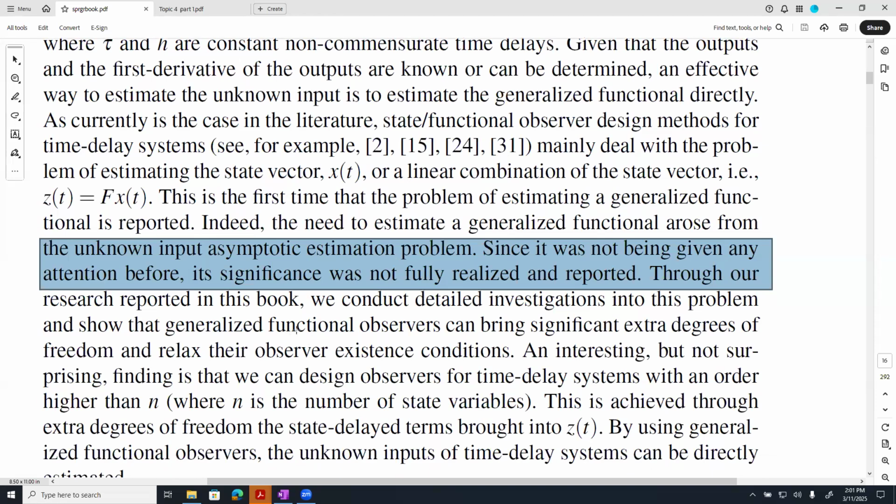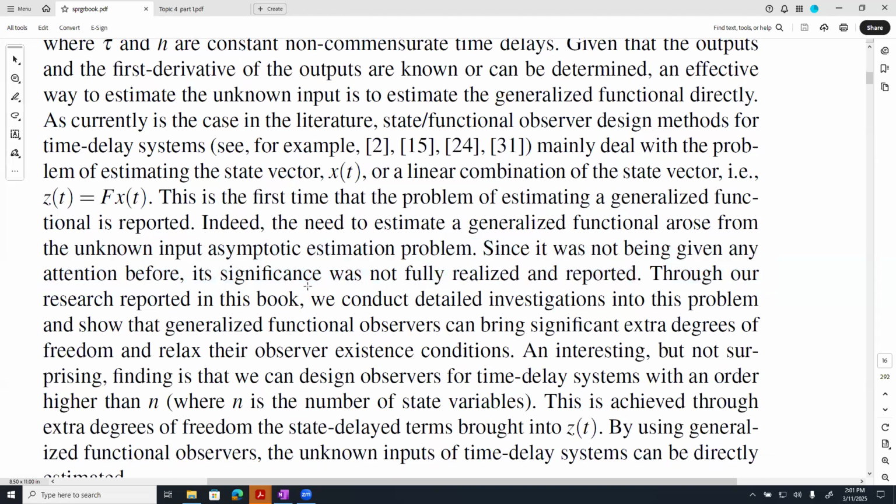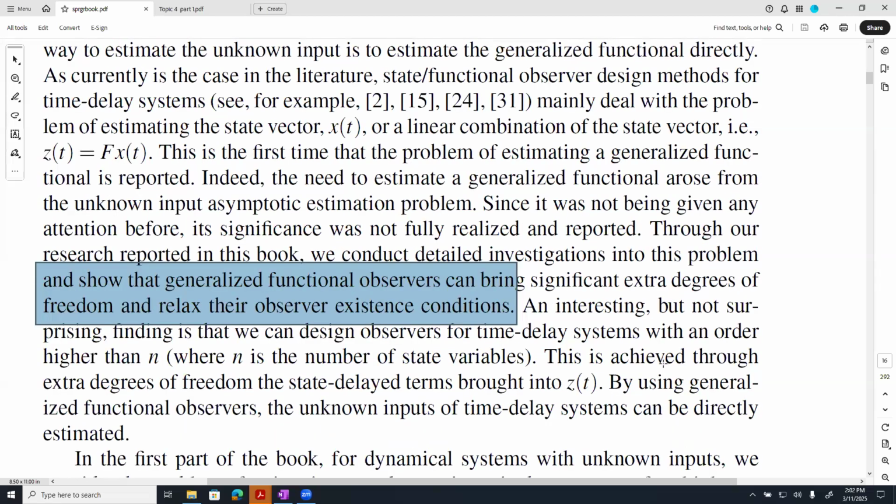So in this book, in the third part of the book, we will conduct a detailed investigation into this problem, and we can show that generalized functional observers can bring significant extra degrees of freedom and relax the observer existence conditions. We will do that extensively in a whole series of presentations, which form the third part of the book.